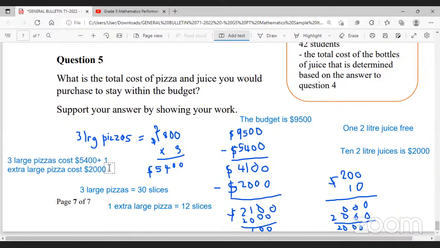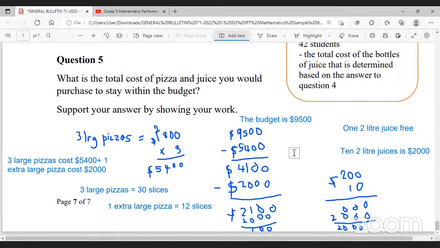And I can just do a rough check to see if I'm still in my budget. That's what we do with problem solving. We look back over at our answer. So 5,400 plus 2,000, that's 7,400. Plus another 2,000 for the juice, which will give me 9,400. $100 left within my budget.